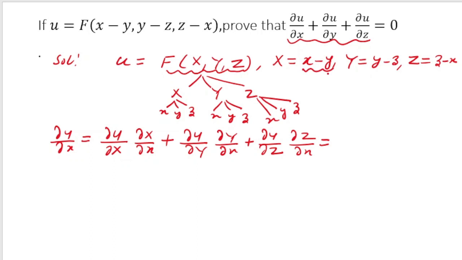Del X by del x will give you 1, and here del Y by del x, there is no x in this, so this term will become 0, and in the last one we have del Z by del x; if I differentiate this with respect to x, I will get minus 1, so I will get here del u by del capital Z and minus 1.